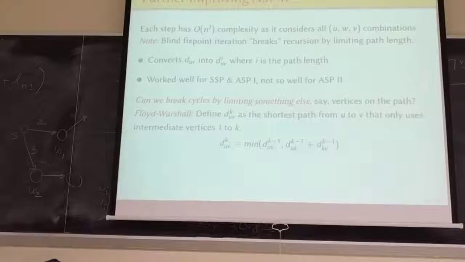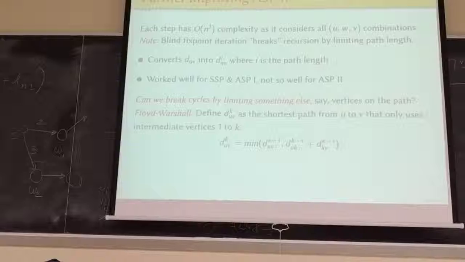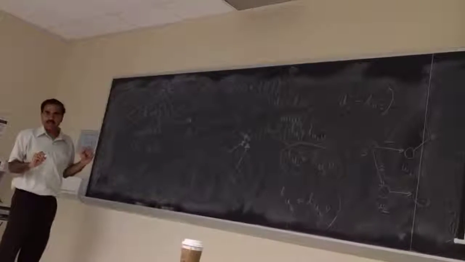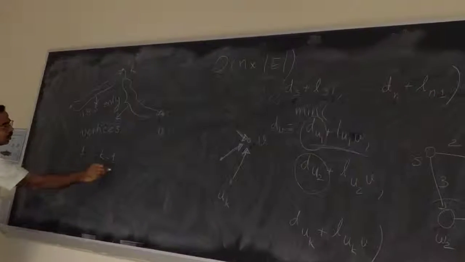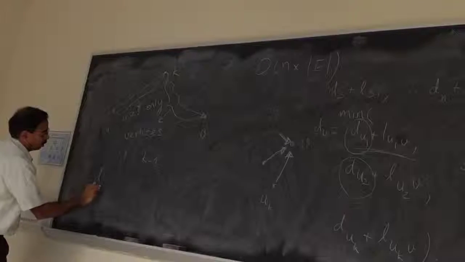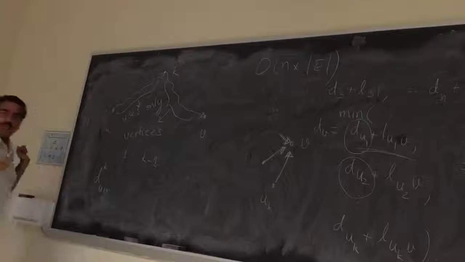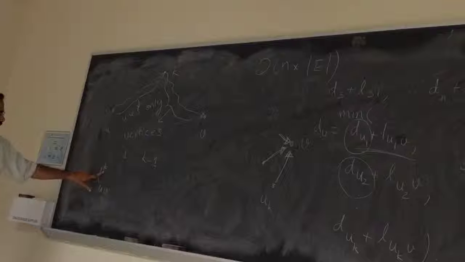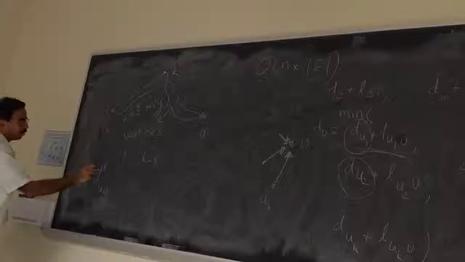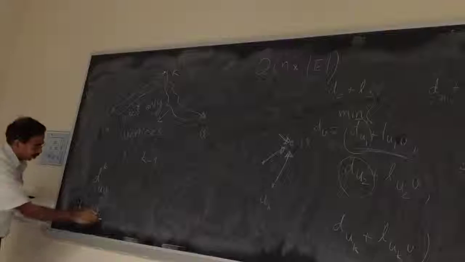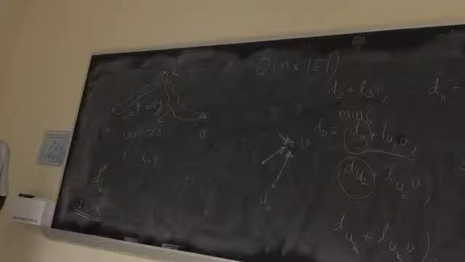Right? So what you're saying here is that in order to find a path going from u to v, right, that uses vertices no more than k, right? So vertices 1 through k can be used in this path, right? d_uv^k represents a path going from u to v where the intermediate vertices are among 1 through k, right?